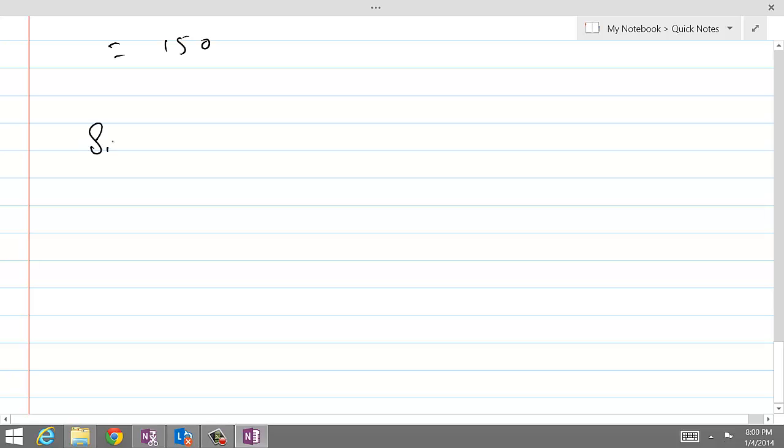Example, and this time simplify the expression.